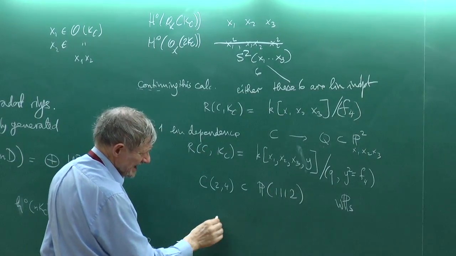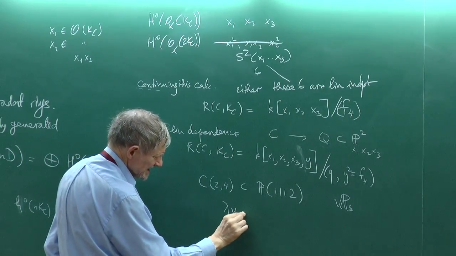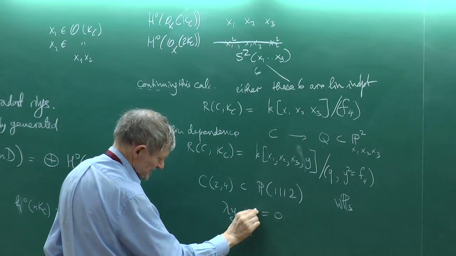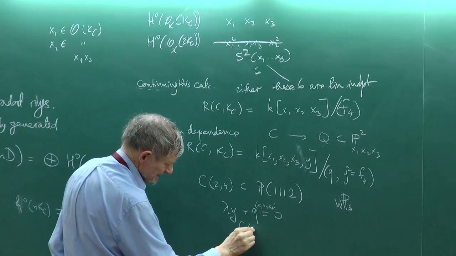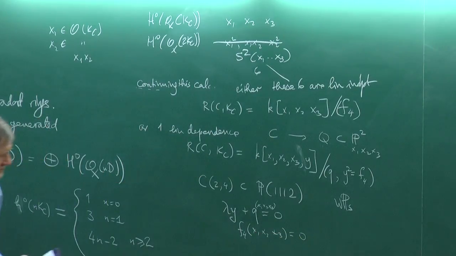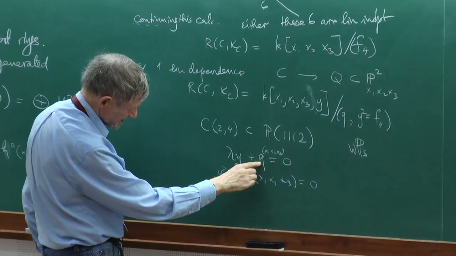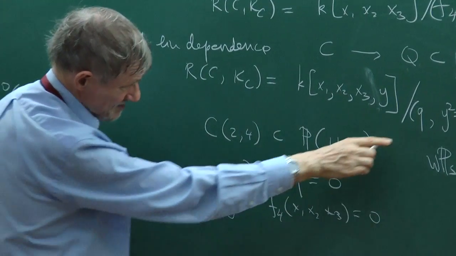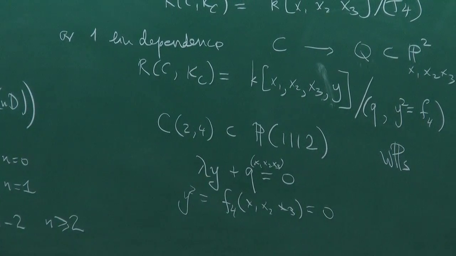So it could be given by, for example, lambda y plus q equals 0 and f4 of x1, x2, x3 equals 0. Sorry. So if y squared equals that, then I can take the q, I can substitute y. If lambda's 0, then I've got this model. If lambda's not 0, I can just get rid of the y and just eliminate the y from the equations.